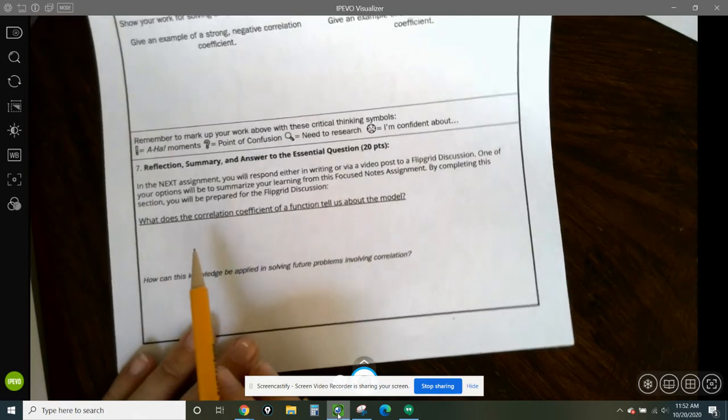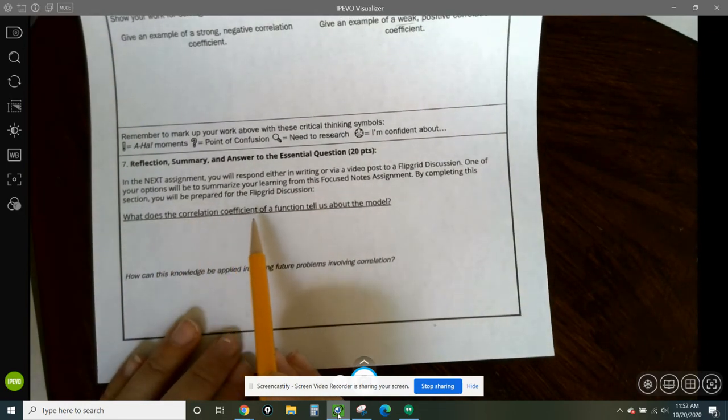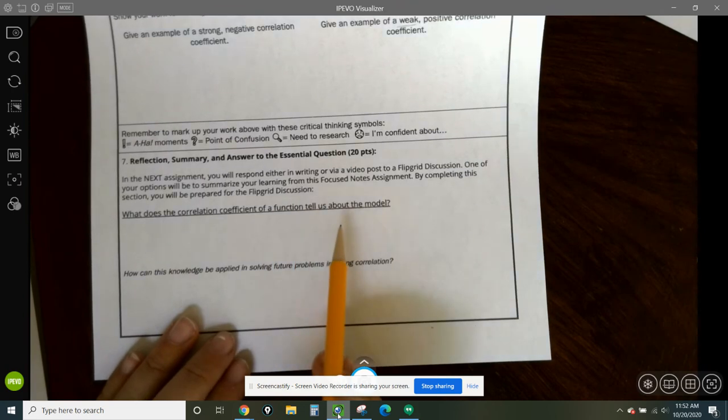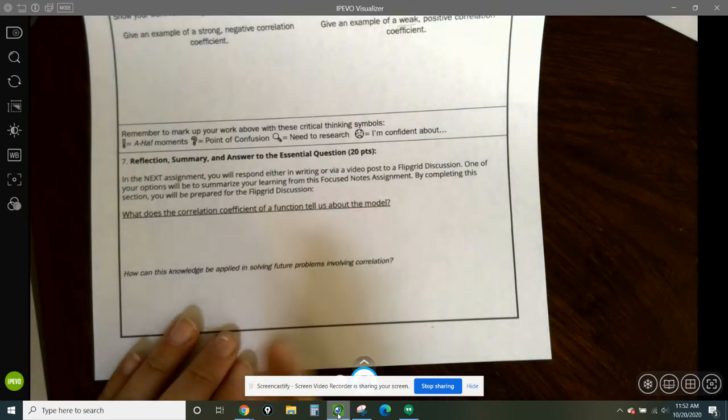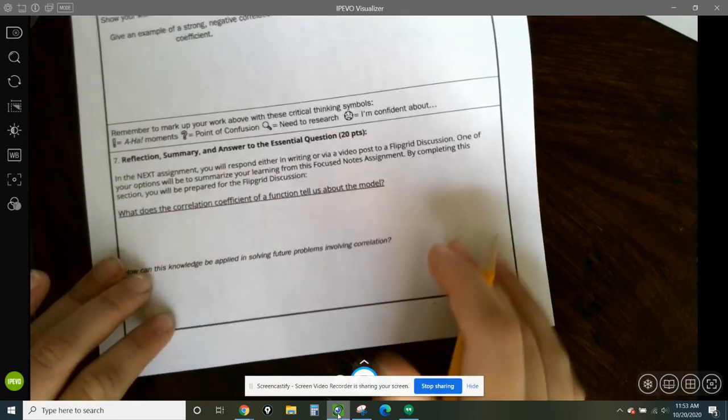And then at the end, this is where we summarize what we learned. What does the correlation coefficient of a function tell us about the model? So we just talked about a lot of those. What does it mean if it's close to 1 or if it's close to negative 1? What if it's not close to 1 or negative 1? So you're going to kind of summarize this here.